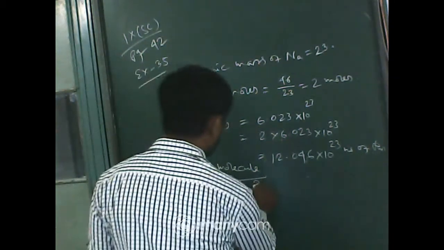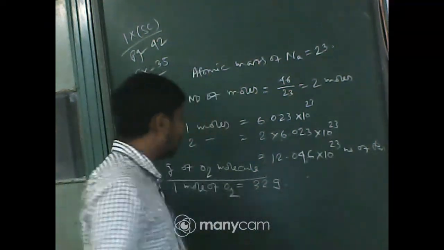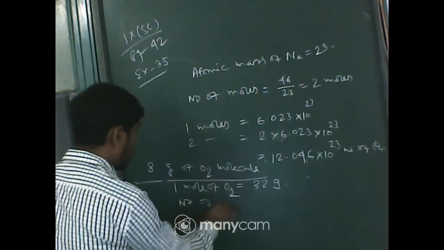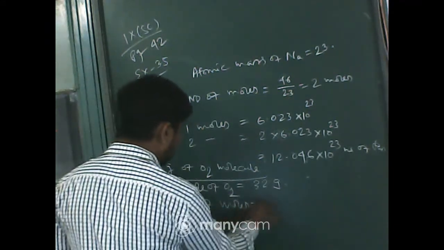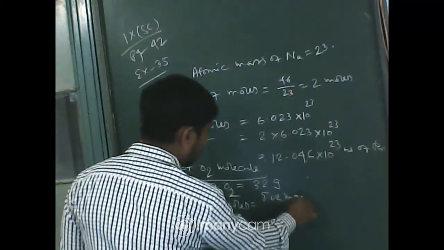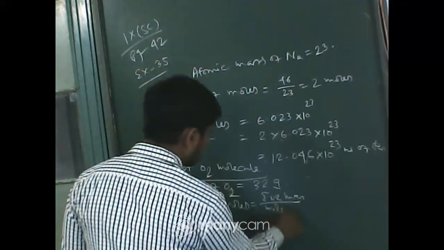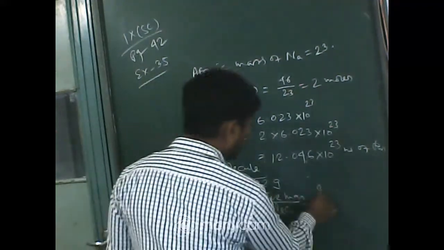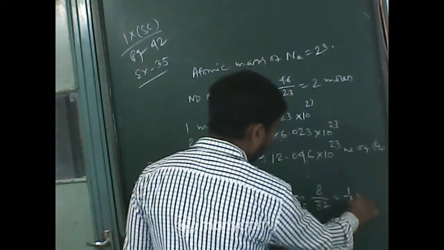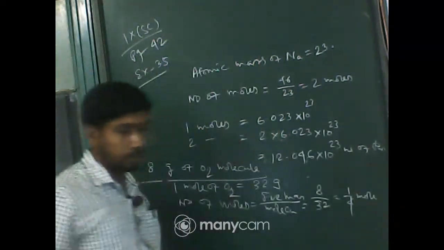So 1 mole of oxygen equal to 32 gram. Now the given weight is equal to 8 gram. So number of moles is equal to given mass by molecular mass. It is equal to 8 by 32, that is 1 by 4 mole or 0.25 mole.